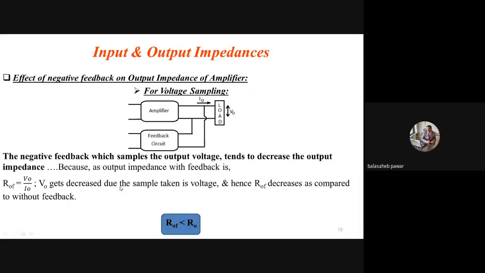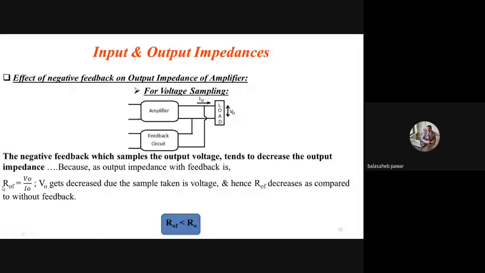So what will be the effect? As ROF is defined as VO by IO, that VO will get decreased whenever the sample taken is a voltage, and hence ROF decreases as compared to without feedback. It is very straightforward and very simple, right? Here you can mention that ROF is directly proportional to VO. So if VO decreases, ROF also will get decreased. And the same thing happens in this case.